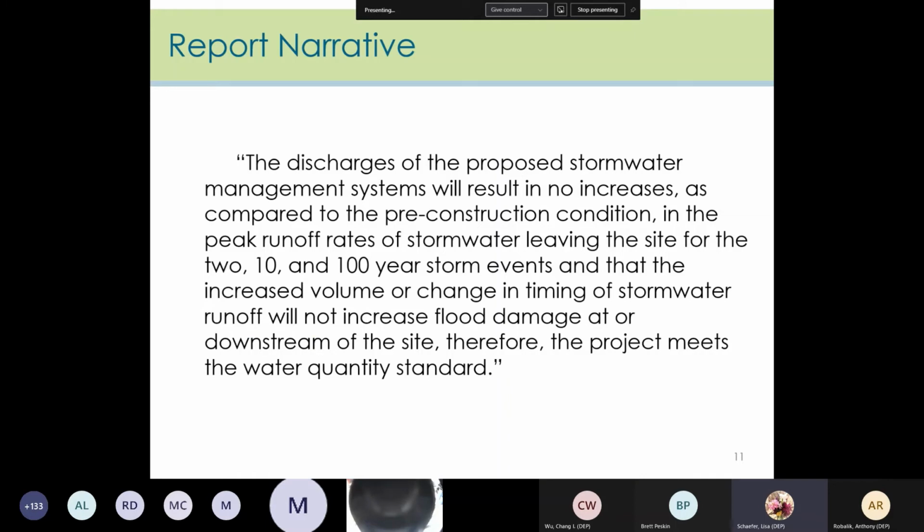This was a narrative taken directly from the report. So the project is looking to meet the runoff quantity control standard based on the second method found at subchapter 5.6 of 7:8. Now, up front, this method requires a full analysis that analyzes the impacts of existing land uses and projected land uses, assuming full development under the existing zoning and land use ordinances in the drainage area.